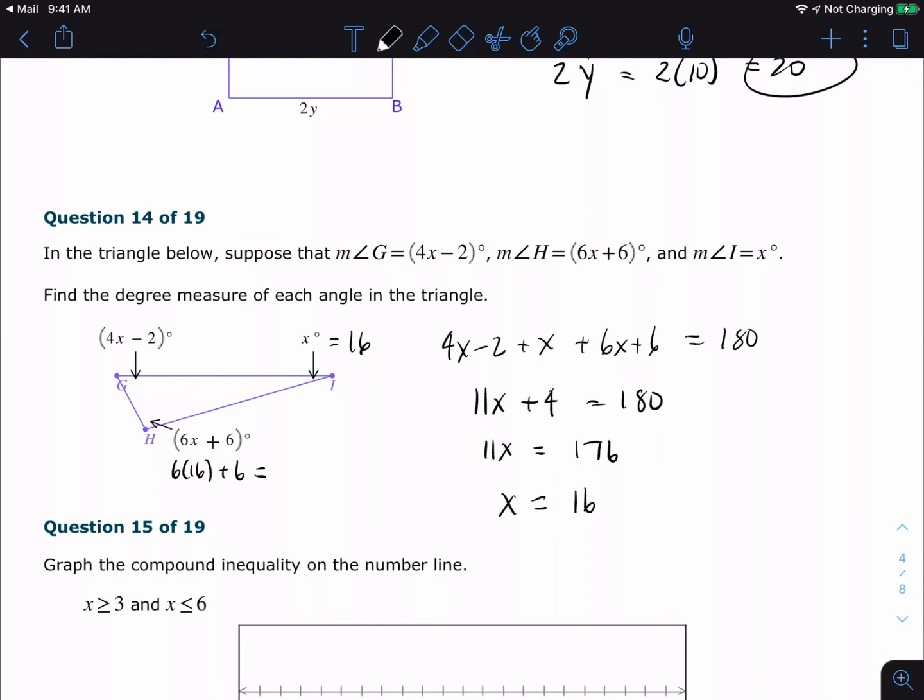So 6 times 16 plus 6 is 102. And then this one would be 4 times 16 minus 2. So 4 times 16 minus 2 is 62. And then what you can do is add those up and see if they add up to 180, which these do. So the answer to this is actually these three. Okay? All right.